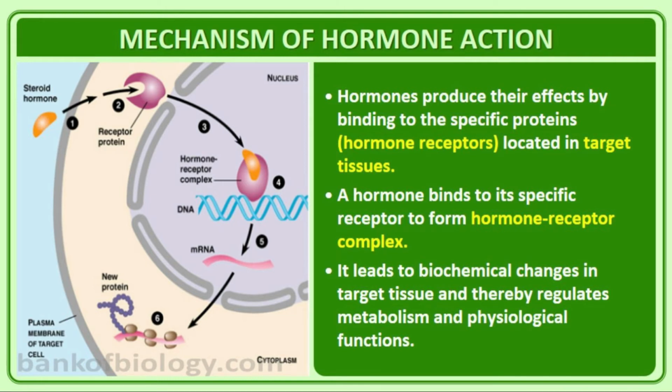Here we can see the mechanism of hormone action. Listen. Hormones produce their effects by binding to specific proteins, hormone receptors, located in target tissues. A hormone binds to its specific receptor to form a hormone-receptor complex. Did you understand?